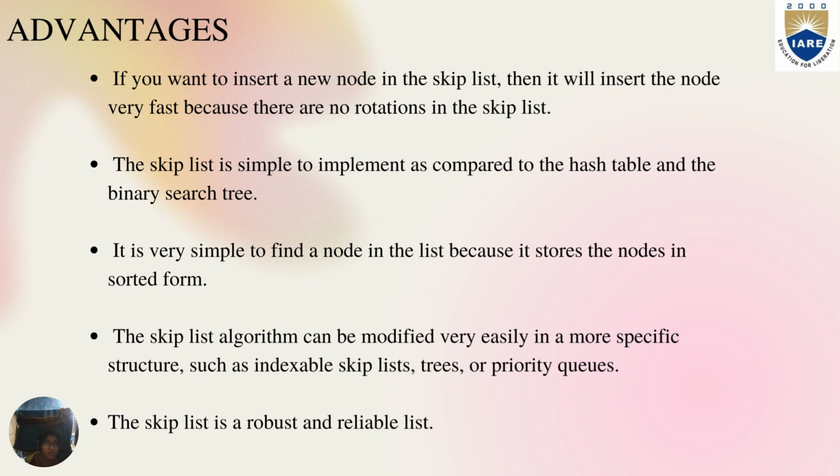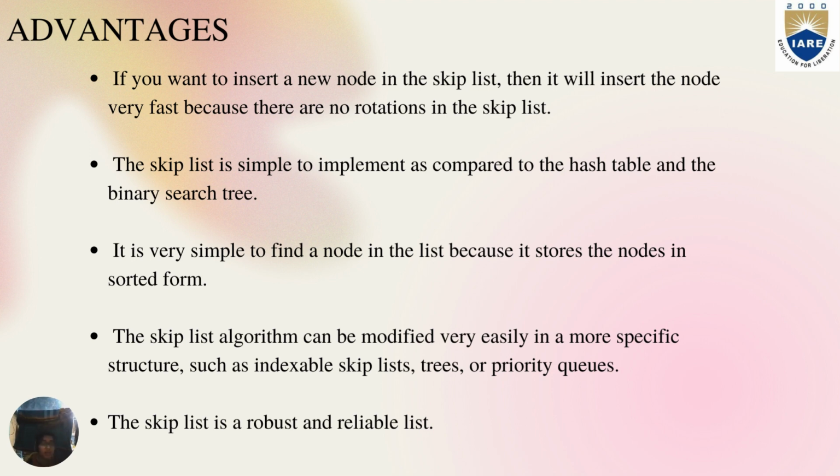The skip list is simple to implement when compared to the hash table and binary search tree. It is also very simple to find a node in the list because it stores the nodes in sorted form. That's one of the greatest advantages of having a skip list.